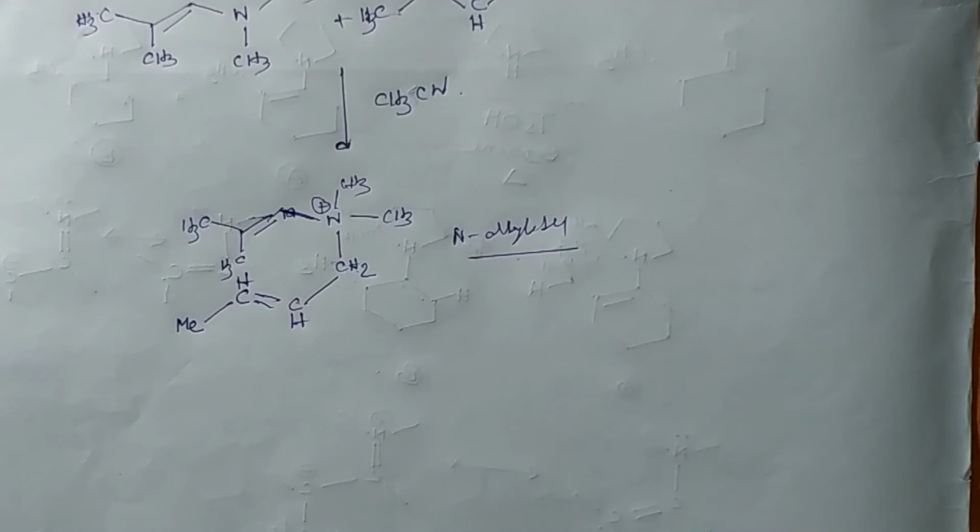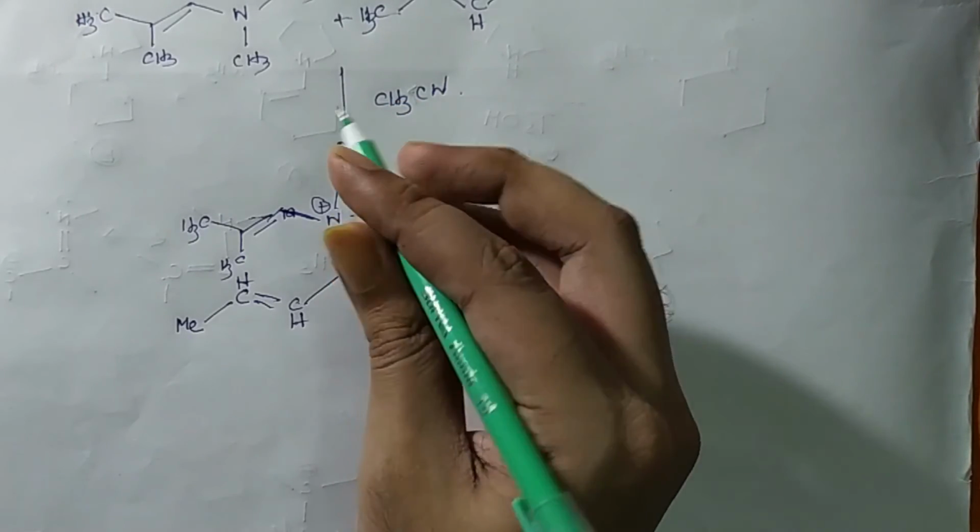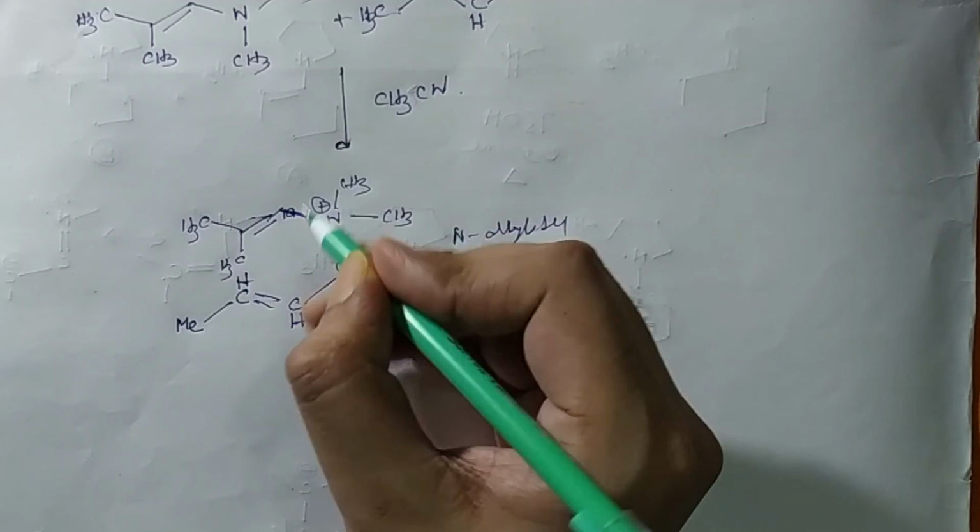After that, as this is refluxed in acid in CH3CN medium, a 3,3 sigmatropic shift occurs.